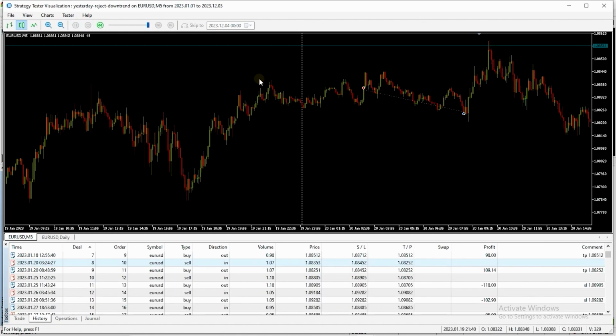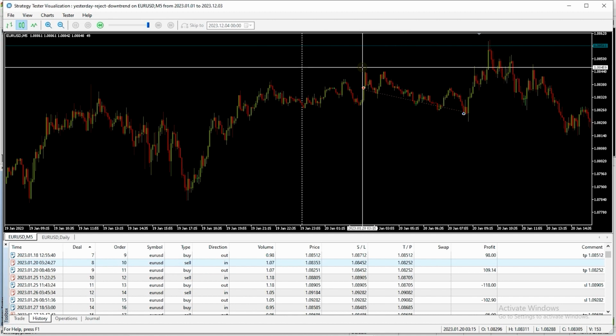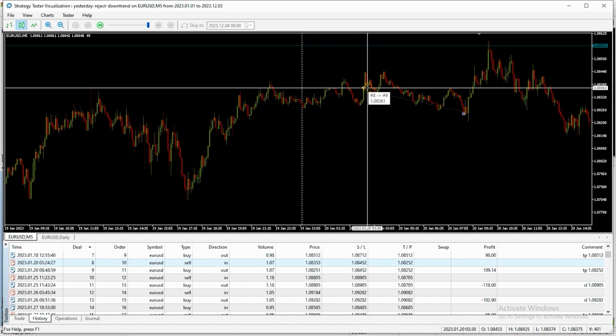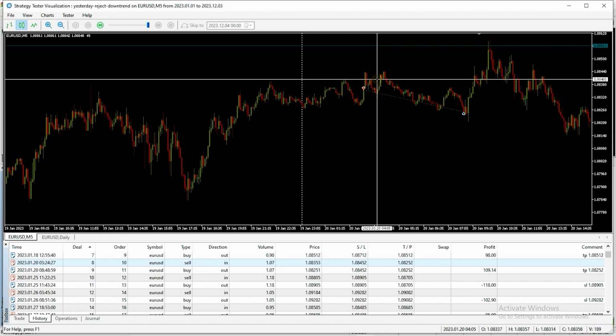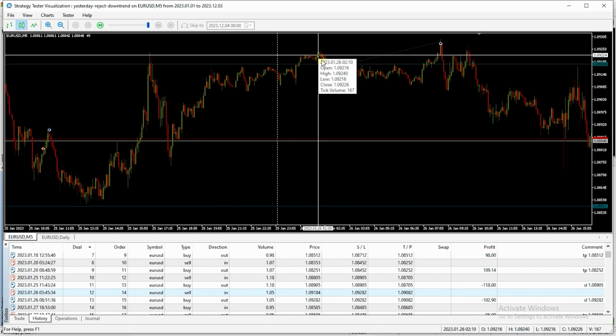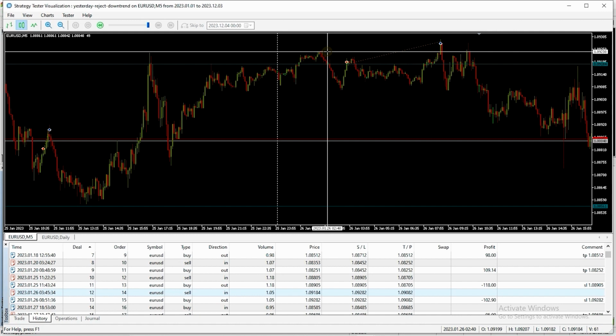Here we can see price went above yesterday's high, was rejected here, and created a downtrend, but it opened a sell at the low level instead of this high level. Here again price was rejected and created a downtrend. Here it opened a sell position, but price went back above and the stop loss was triggered.